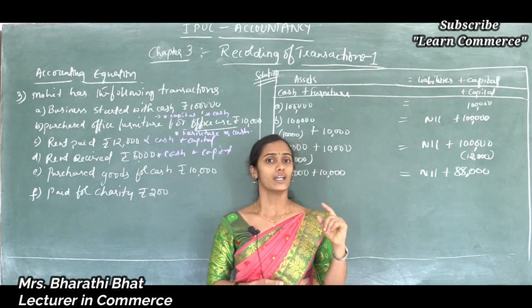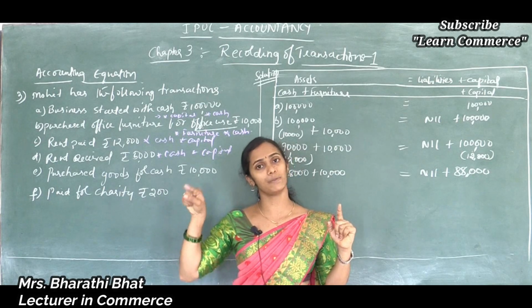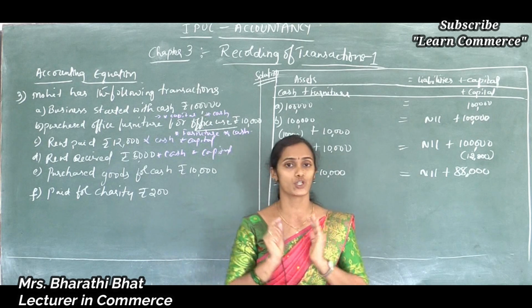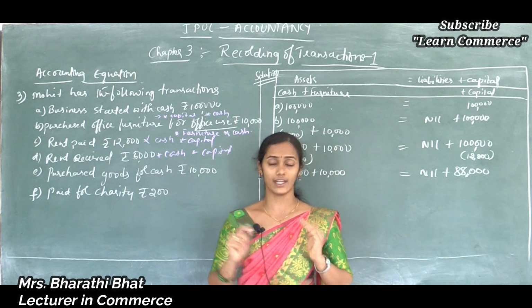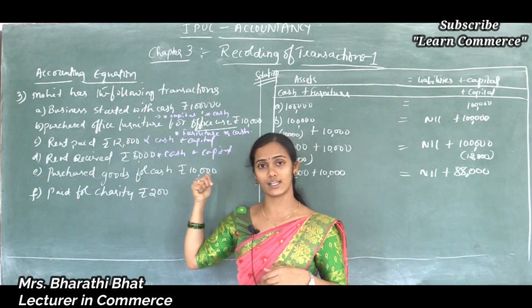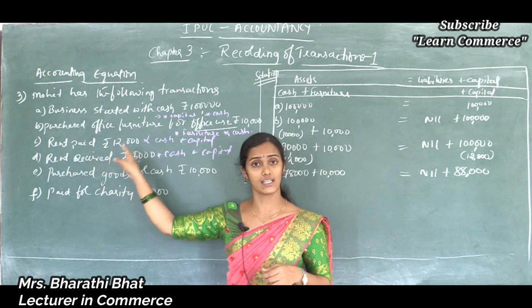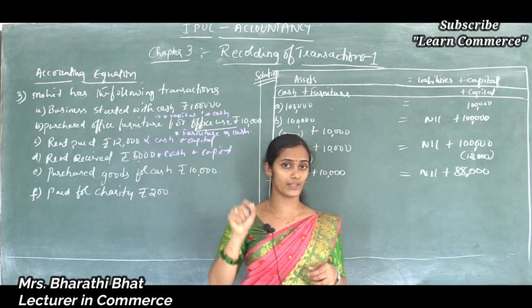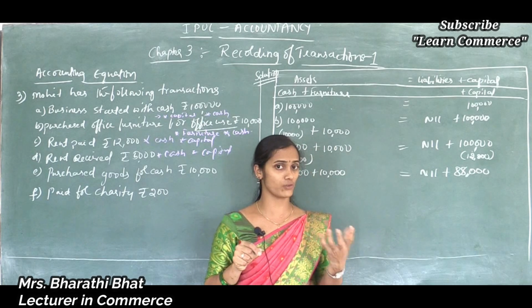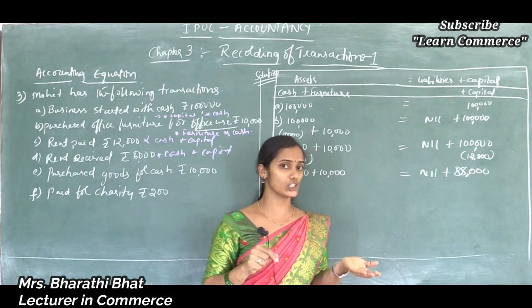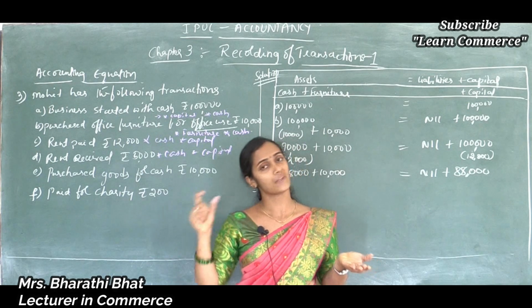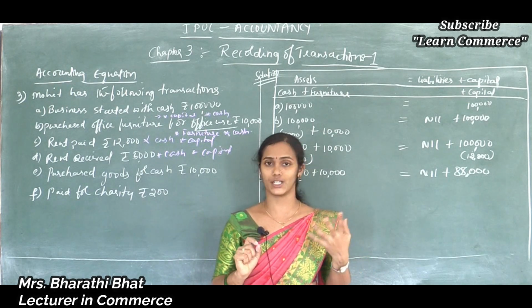So cash increases, along with capital also increasing, because we are receiving rent from another person.